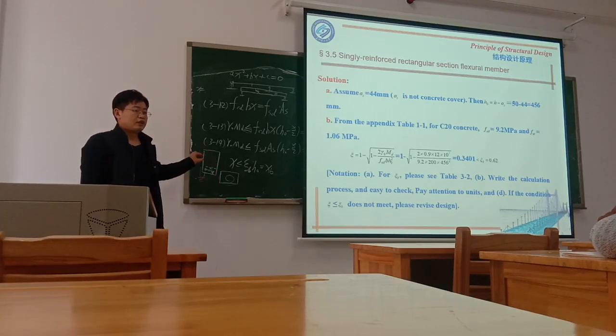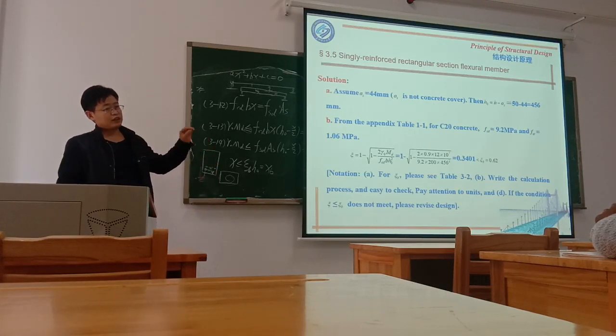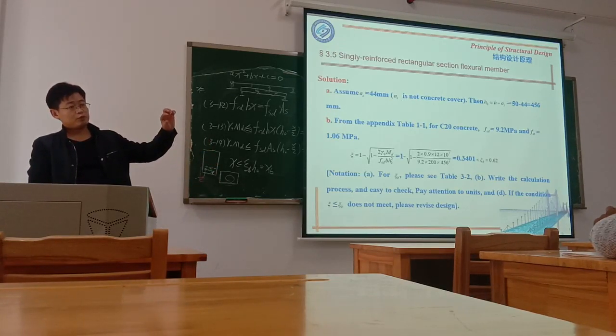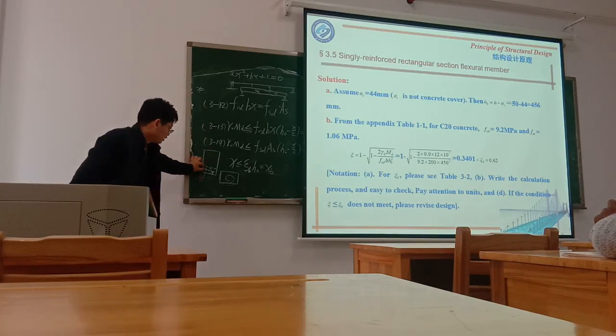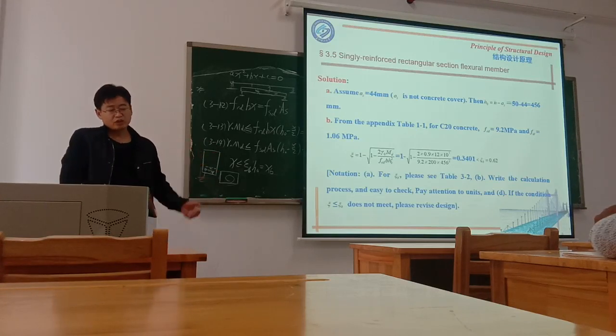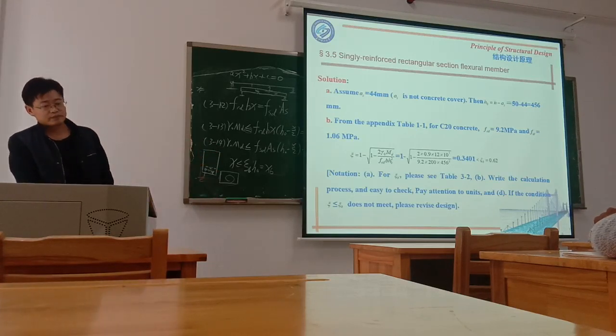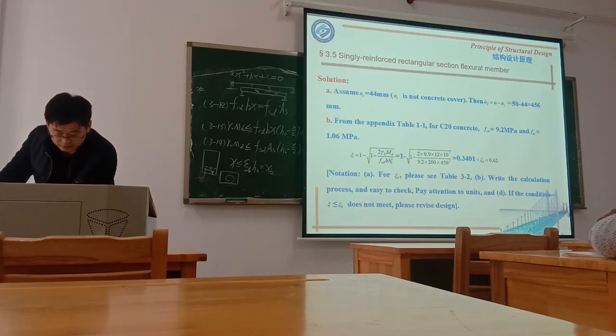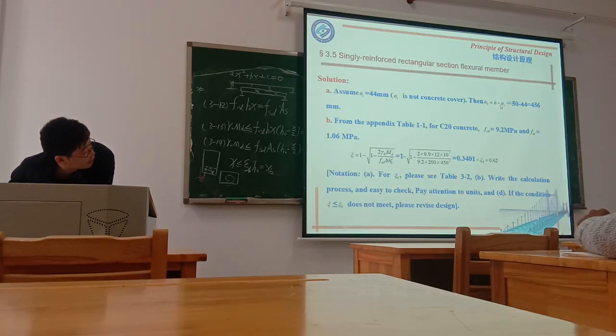If it is one layer, it's half of the diameter. If 2 or 3 layers, then it's the centroid. So you should know AS is not equal to the cover thickness. Then H0 we can get equal to H minus AS.